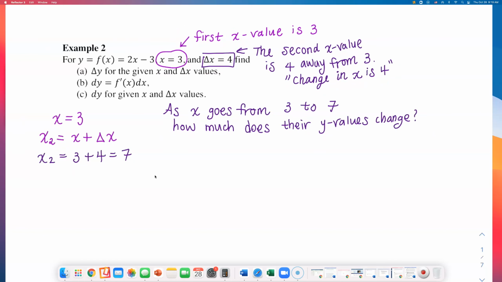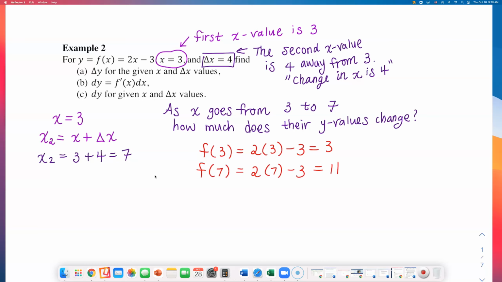If you want to find y values, we should plug them into the function. So let me find their y values. f of 3, the original y value, is 2 times 3 minus 3, which is 3. But if you plug in the second x value of 7, you get 2 times 7 minus 3, which is 11.